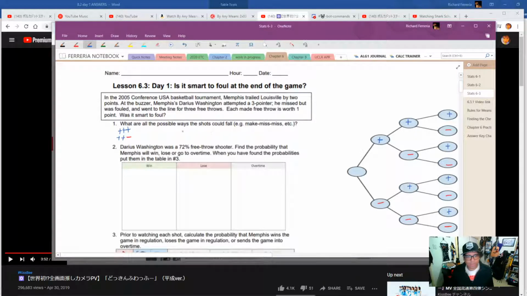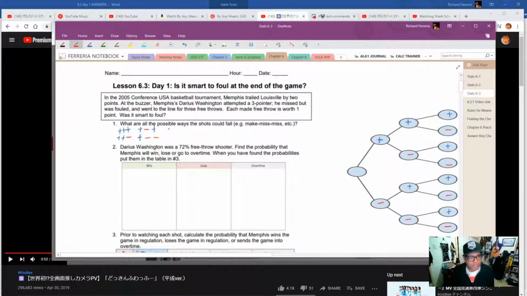So that's a make, a miss, and another make. And then on the same branch, we would have a make, miss, and a miss. So a made free throw, and then 2 misses. Okay, so I think that takes care of everything that could happen if he made the first free throw.